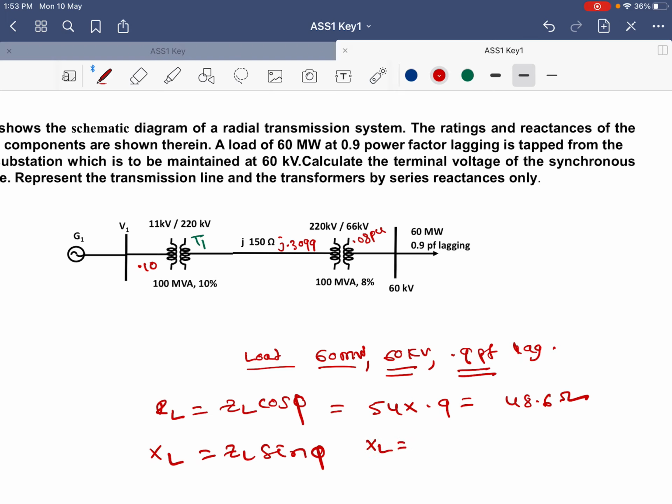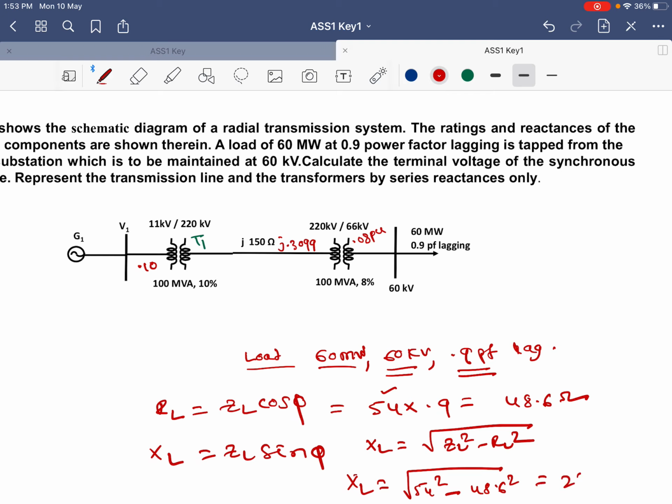The other formula is XL equal to the square root of ZL square minus RL square. You can also make use of it. ZL is known, 54, and RL was already calculated as 48.6. You can find the value of XL: XL is equal to the square root of 54 square minus 48.6 square.